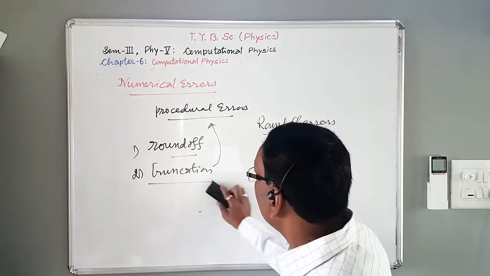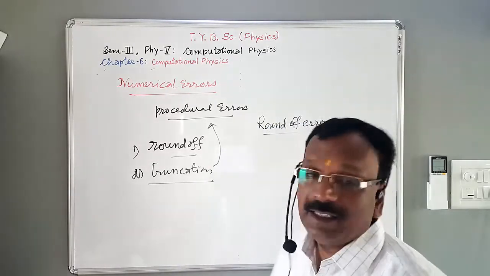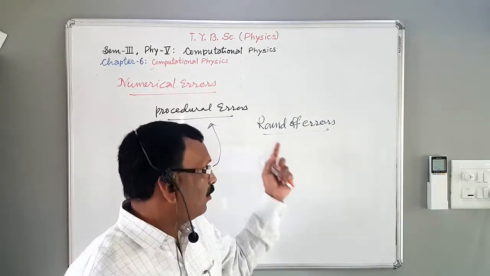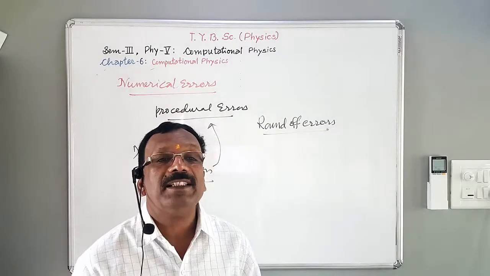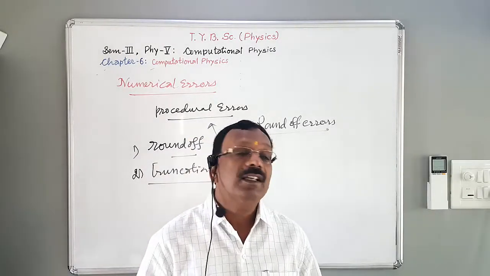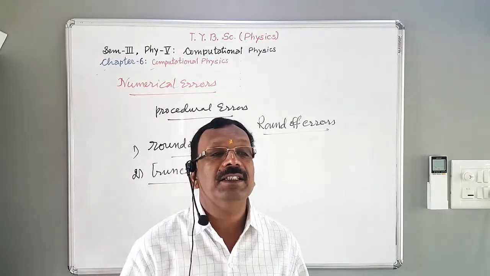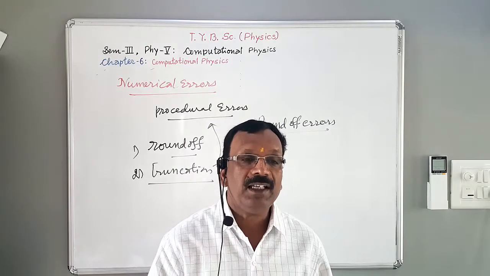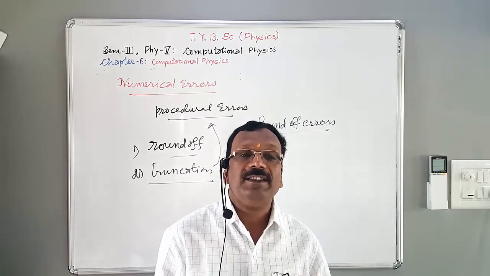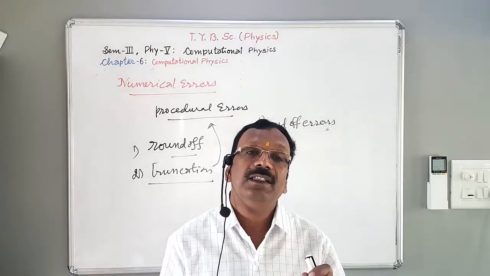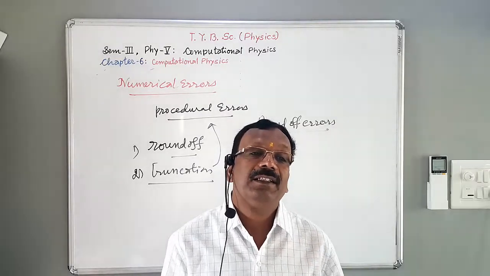The same concept is here regarding error. Round off error or rounding error takes place because of rounding the last significant digit to the nearest value.